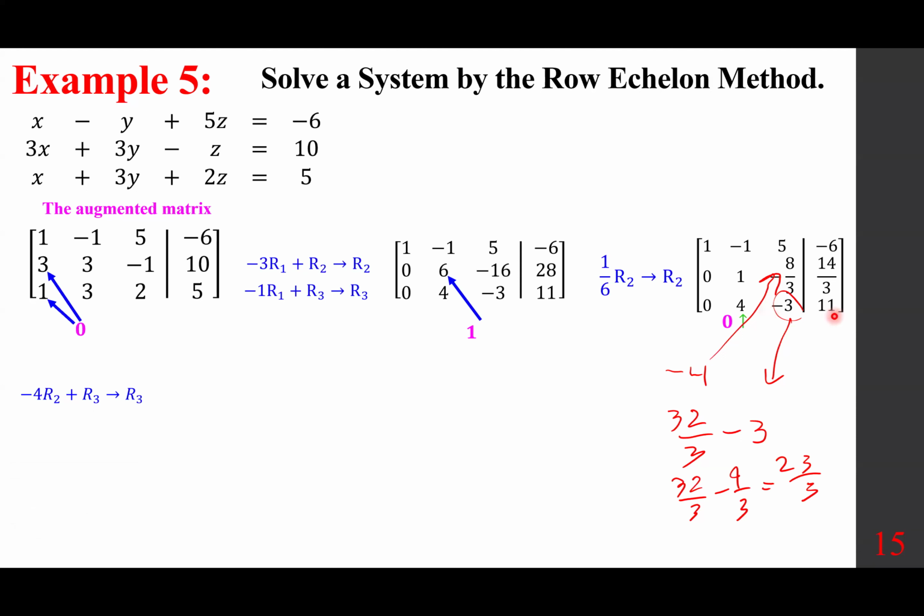What about this one? We're going to multiply this one by -4. -4 times 14/3. So this one multiplied by -4, you get minus 56/3, and then add it to 11, which is 33/3.